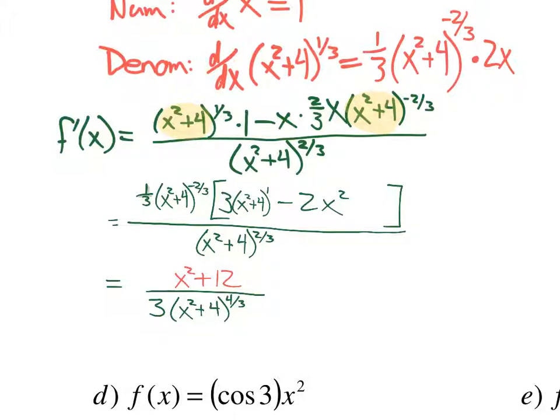I still don't get where you get the 4/3. You move the top down, because this was negative. So then it's this times this, and they're both on the bottom. So it's now a positive 2/3 when you bring it down. And when you're multiplying things with the same base, in this case x squared plus 4, you add the exponents. So 2/3 plus 2/3.